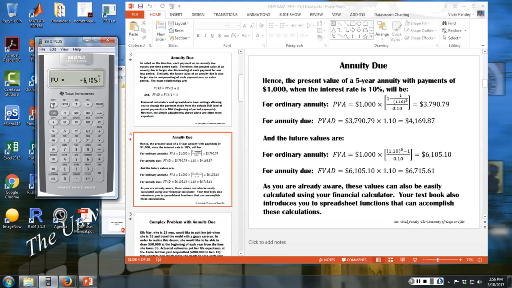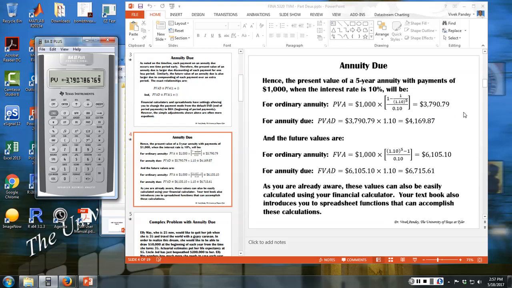If we compute present value, I think I needed to clear the future value over here because it's messing up. Let's recalculate the present value. We do 1,000 as payment, 5 as N, 10 as I/Y, compute PV, and we get 3790.79, right?